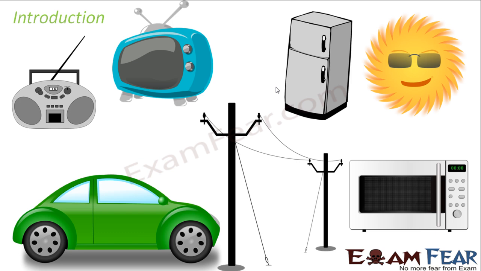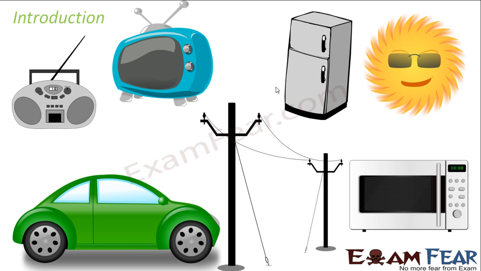Whatever power supply you see at your home, which runs your microwave, tube lights, bulbs, or whatever, is alternating current. Not only that, even in your cars, you have something called alternators. Inside the car, those alternators are used to charge the battery system, which is also a very important application of alternating current.